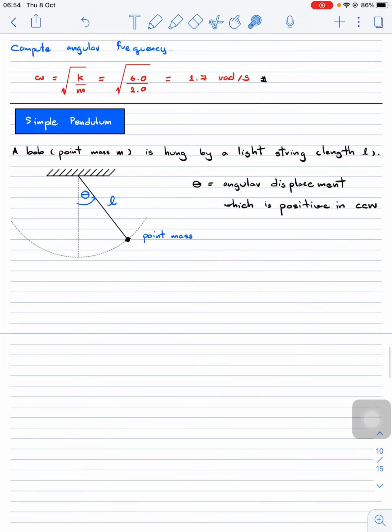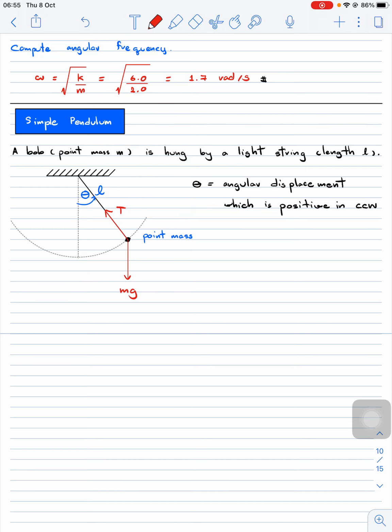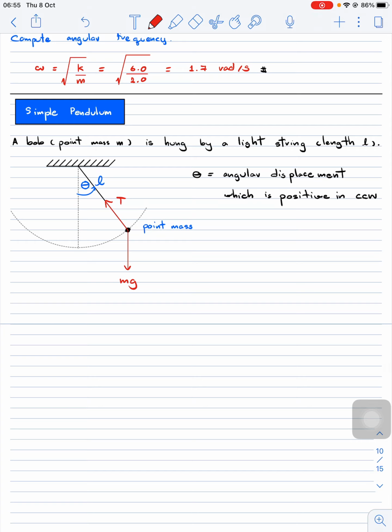First of all, let's draw the free body diagram of the object. We have mg in this direction, and then we have the tension in this direction. If we want to find the equation of the torque, we need to break the components of the force into the radial direction and the tangential direction first.